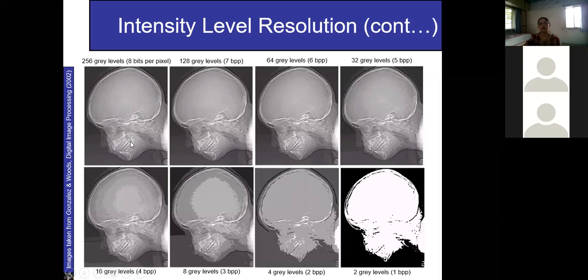You can observe here details of the jaw, right? These are X-ray images. You can observe details here in this section. Also, you can observe details in this particular portion because more number of gray levels are used here as compared to this image. So this is intensity level resolution.